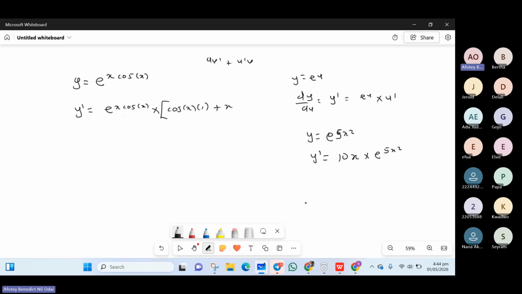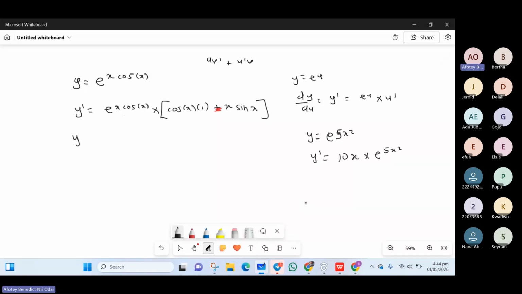So we differentiate one, multiply by the other one unchanged, then differentiate the other and multiply by the first, also unchanged. So we have x multiplied by the differential of the other, which is negative sine x.